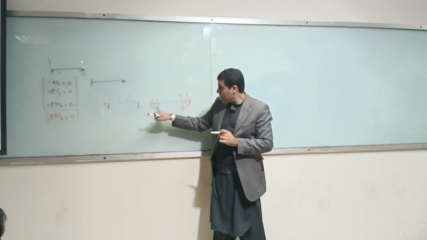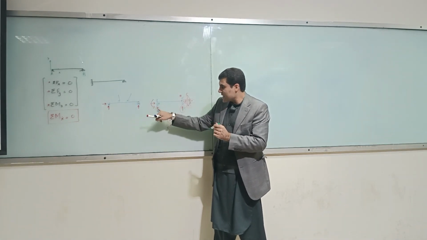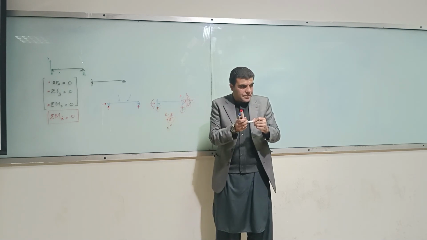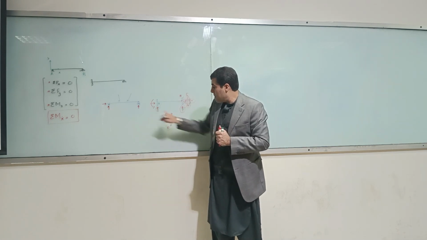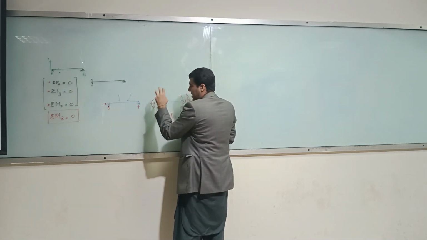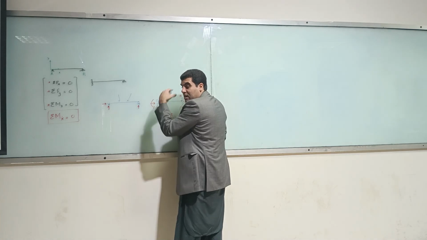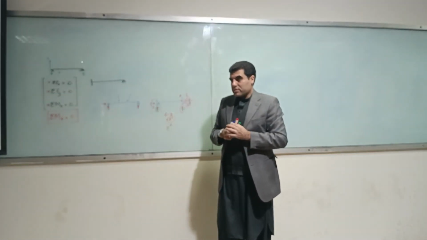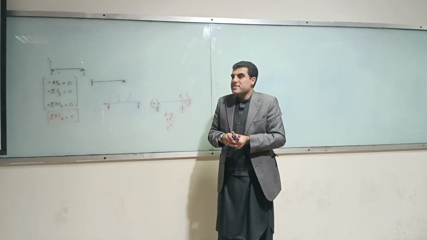Whenever your unknown reactions, and you can see, if it's not able to take this vertical load, it will keep on coming down. There is nothing to stop it, isn't it? Mathematically, you have the unknown reactions which are less than the available equations. So that is the condition for stability.